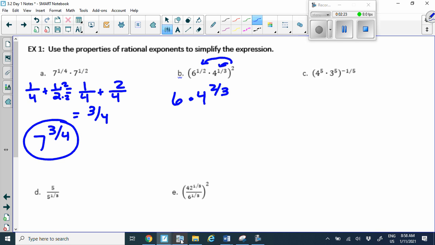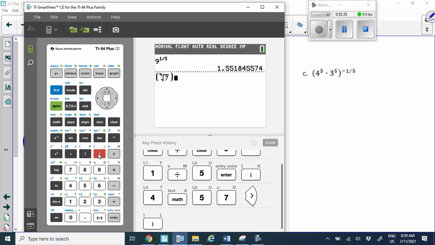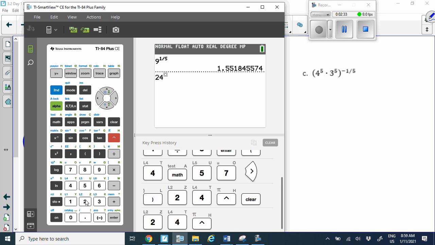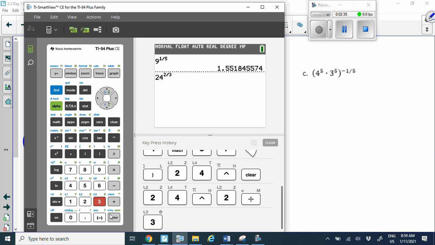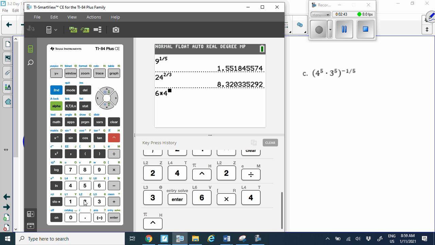So let's check it out with our calculators. Okay, so let's try it. So we have 24 to the 2/3 power. Gives us that. But let's see when we do 6 and then times 4 to the 2/3 power.